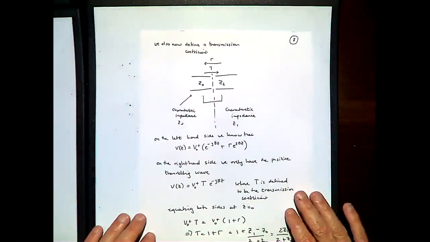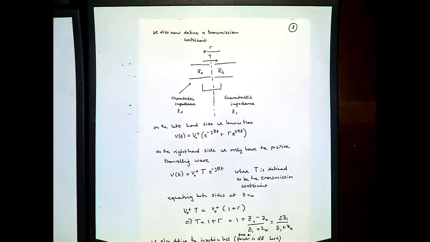Now, the last thing I wanted to talk about in this lecture is the transmission coefficient, right? What we've talked about so far is the reflection coefficient, which is the power that is reflected from a load or from a particular interface. If we've got a reflection coefficient and power is conserved, we must also have part of that energy being transmitted.